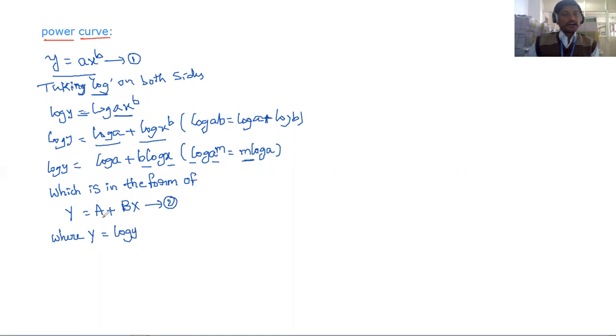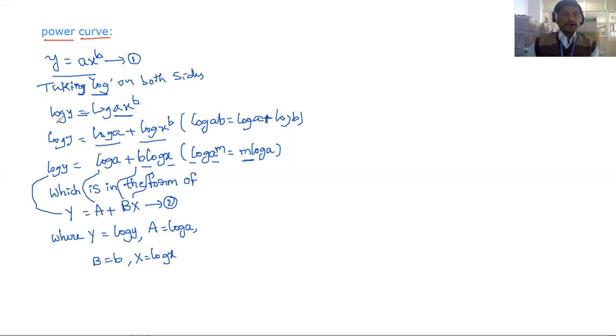Just compare with the above one: log y is this, capital A is this one, capital B is equal to small b, and capital X is equal to log x. So capital Y is equal to log y, capital A is equal to log a, capital B is equal to small b, and capital X is equal to log x.